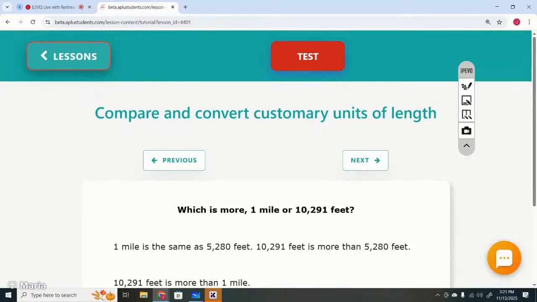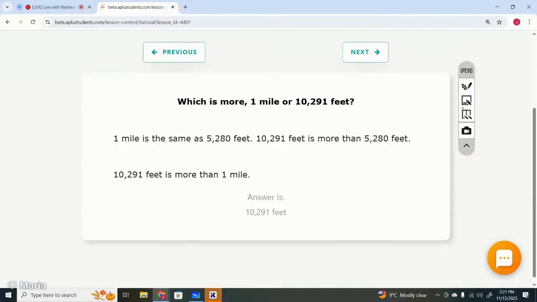Which is more, 1 mile or 10,291 feet? So now we are going to learn how to convert from one unit to another unit.